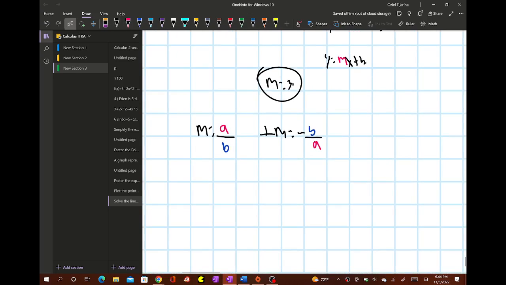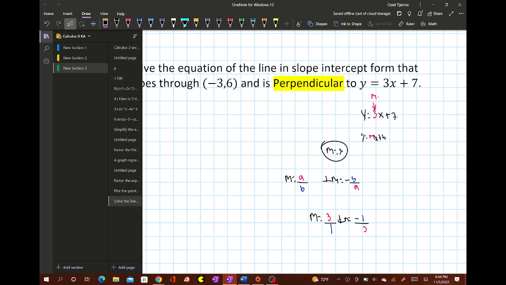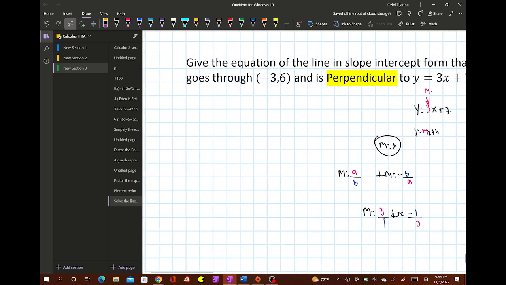So right now my slope is, let's just say, 3 over 1, right? And so that means that my perpendicular slope will be negative 1 over 3.